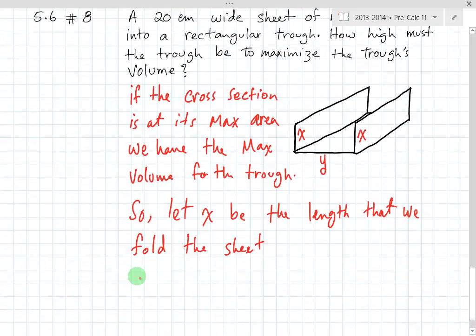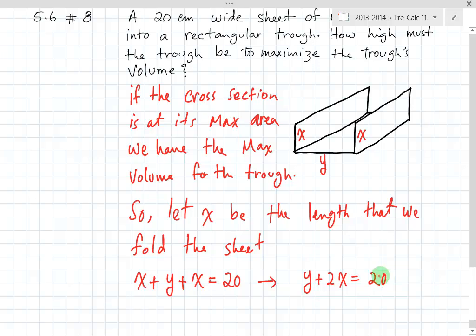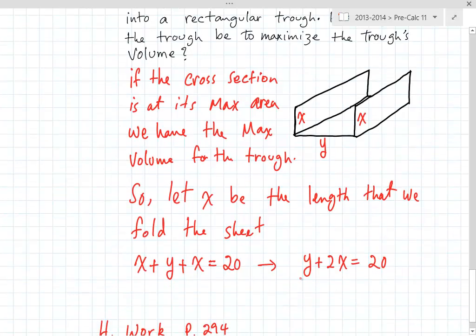Now we know the width of the sheet is 20 centimeters. So x plus y plus x is equal to 20 centimeters. So now we can solve for y. y plus 2x is equal to 20. So y is equal to 20 minus 2x.